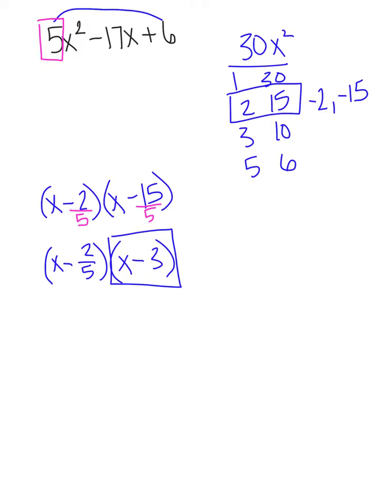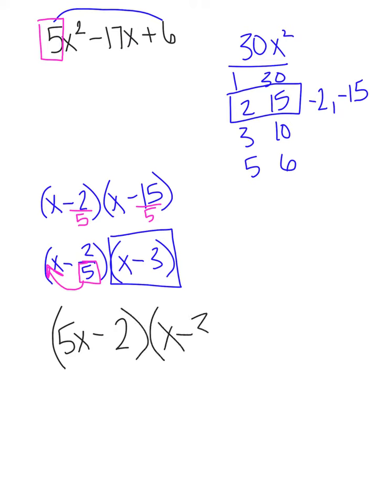So what we do is we take our denominator and we slide it in front of our x. So then we would get 5x minus 2 and x minus 3. And if you remember, that's the same answer we got earlier, and you just used a different method.